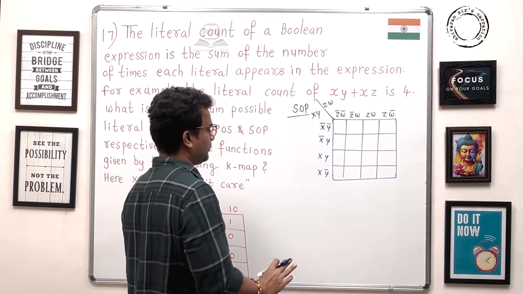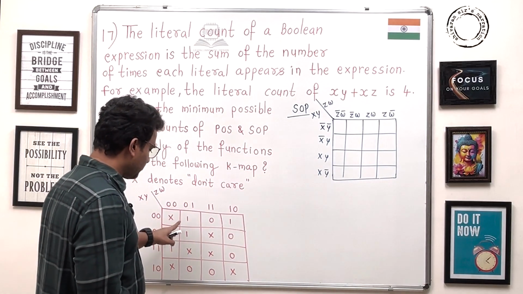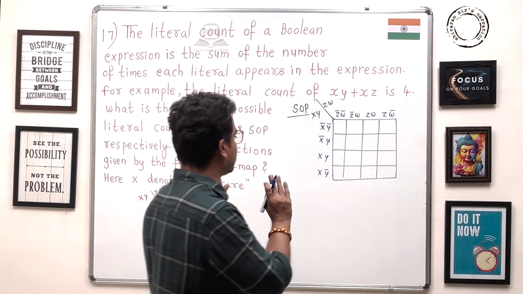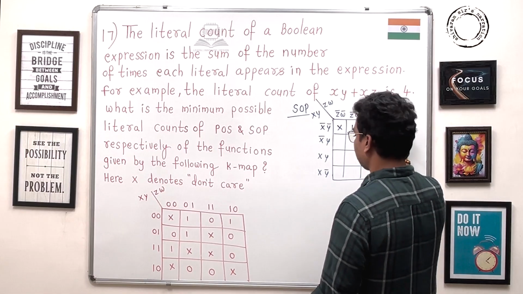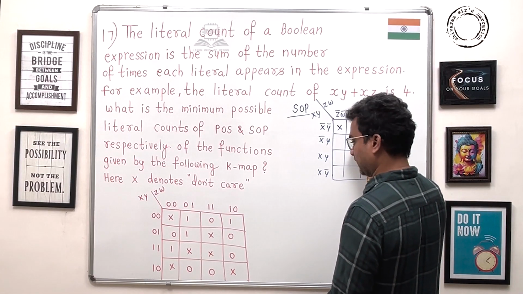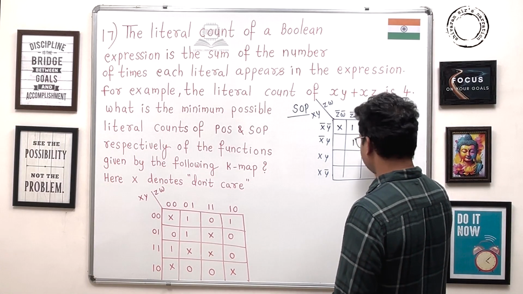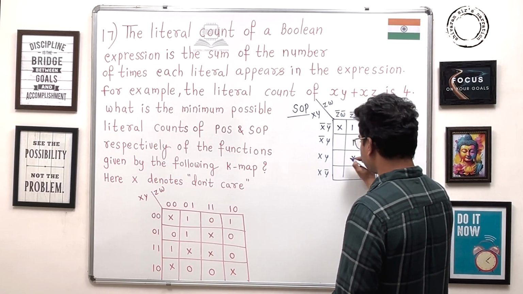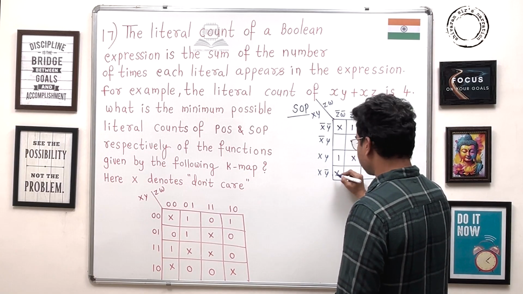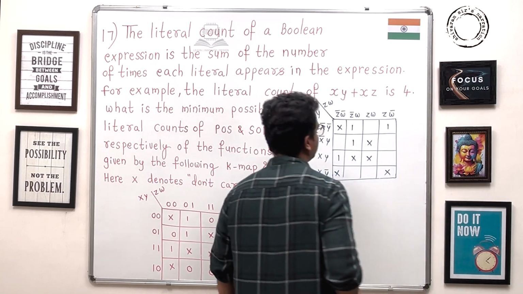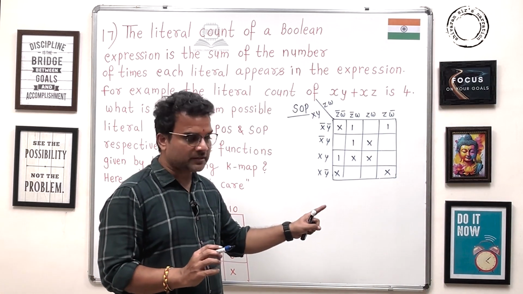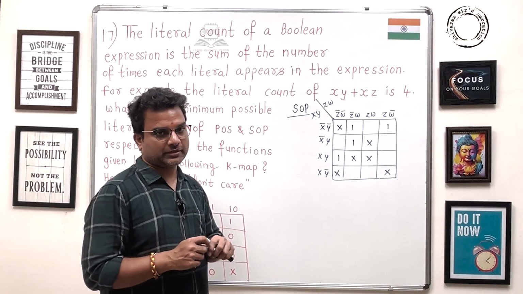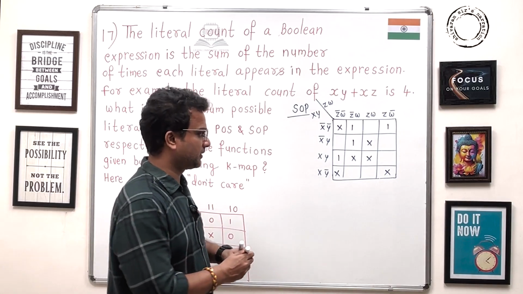Okay. Now, guys, here, wherever ones and x's, we need to consider them. X, 1, 1, 1, x, x, x, 1, x, x. So we excluded zeros, we took logic ones and don't cares. Now, we need to simplify this.